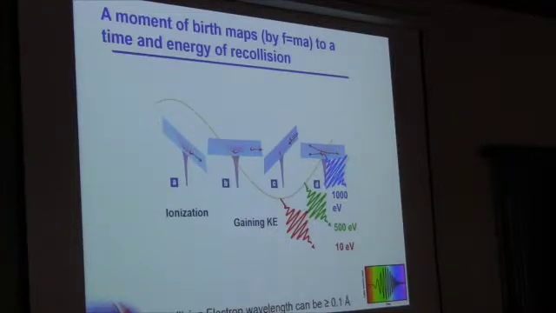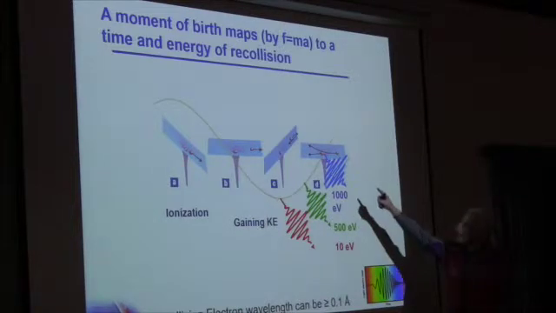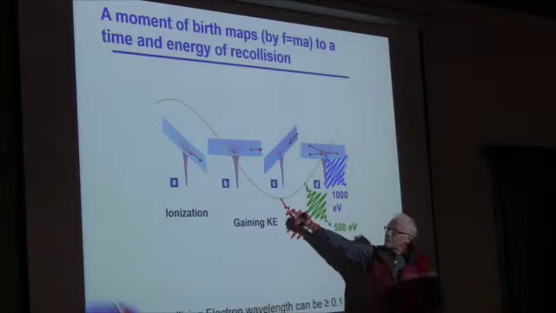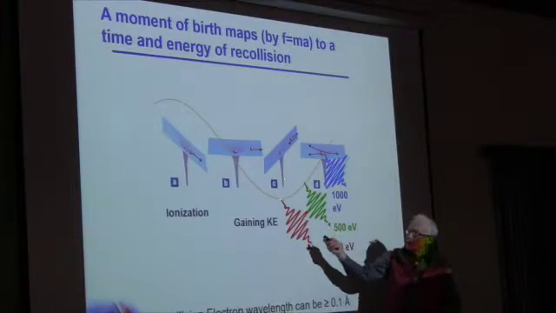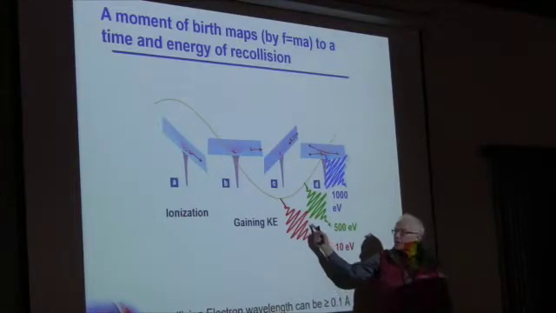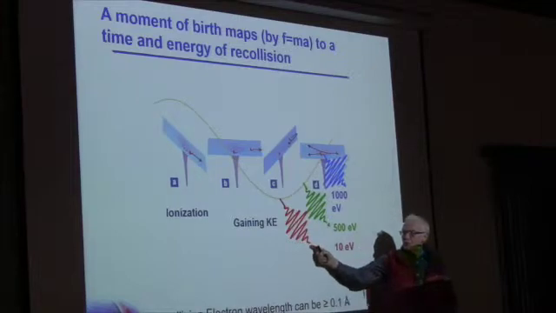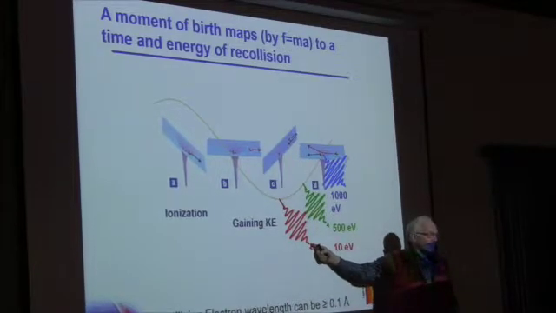Okay? It turns out that for fields more or less anytime after the peak of the field, for the next quarter of the cycle, the electron will be driven away and has a chance to come back and collide, and when it comes back and collides, it can recombine. For an electron born late in the field, it will come back earlier with low energy, recombining, giving out its energy as a low frequency photon.